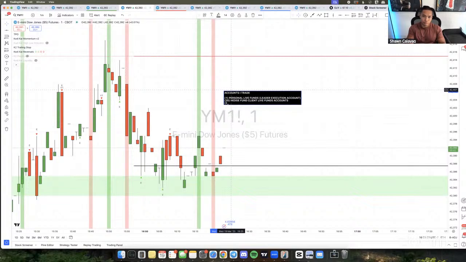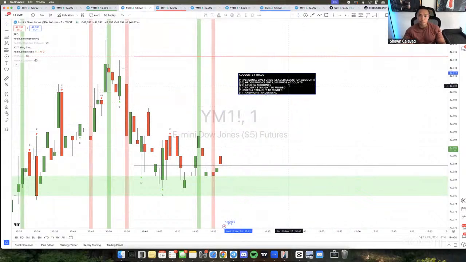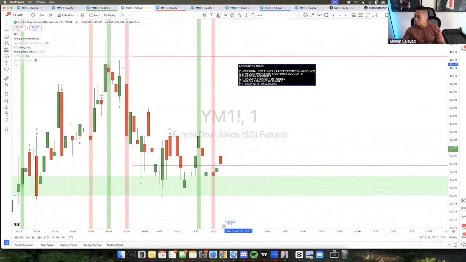I have 20 Apex PA accounts. I have 7 Tradeify straight to funded. I have 1 Perdia straight to funded, and I have 1 Take Profit Trader, still on the eval phase because I just opened it like last week. So yeah, I have all of these right here.